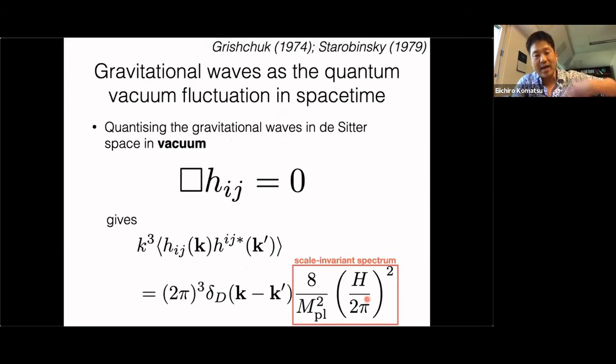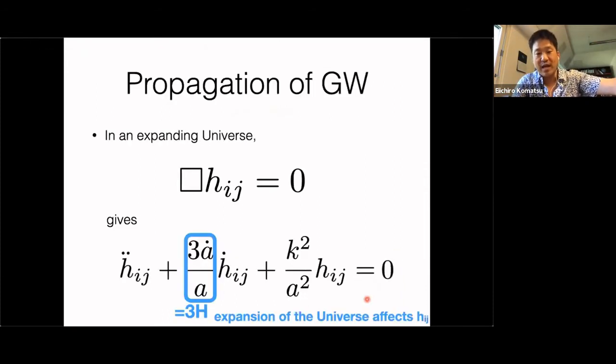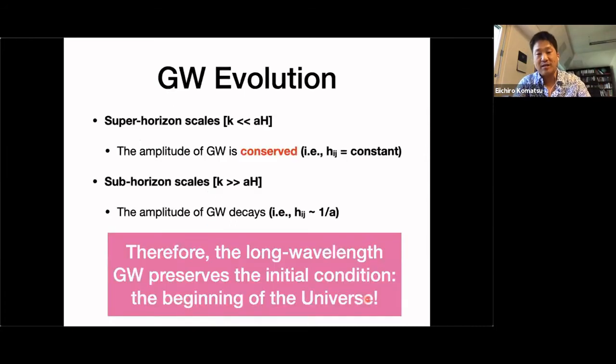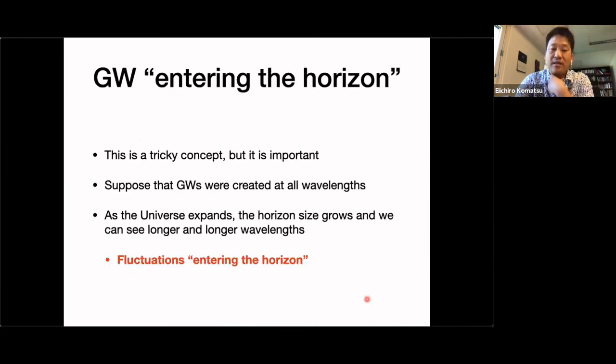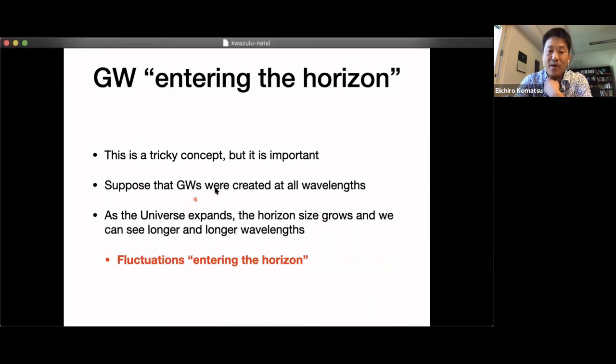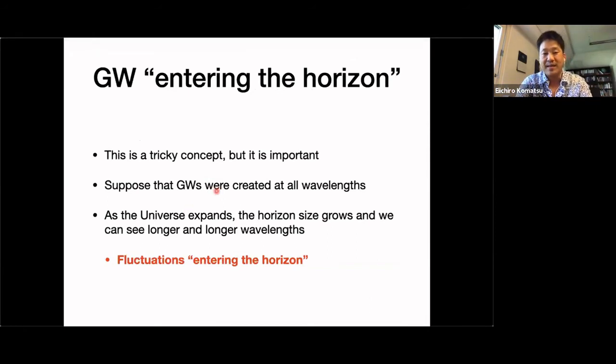And once they are produced, they evolve, they propagate through the universe, they are redshifted by expansion, and the amplitude of fluctuations gets modified depending upon when they come back inside the horizon. So let me explain that.